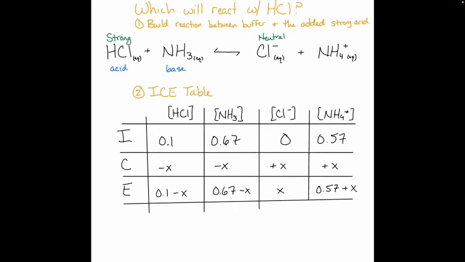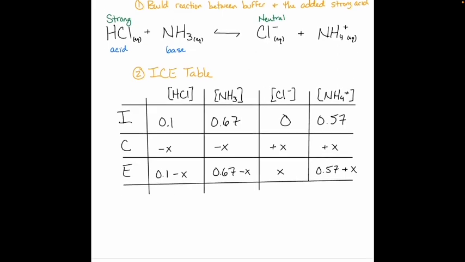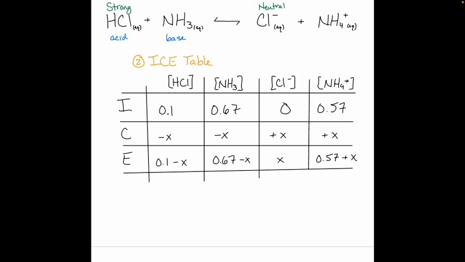All right, so then the last thing that we're going to need in order to solve our ICE table here is one really important fact. All of that strong acid that we add gets consumed in this reaction. Right? It's a strong acid.